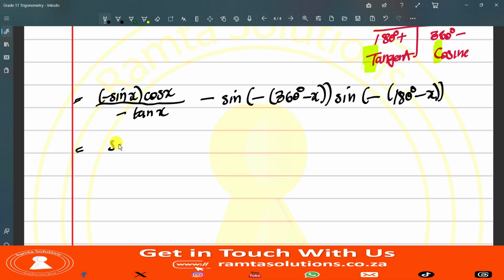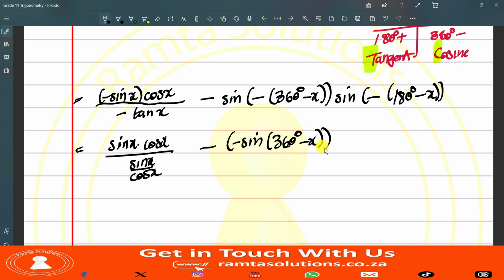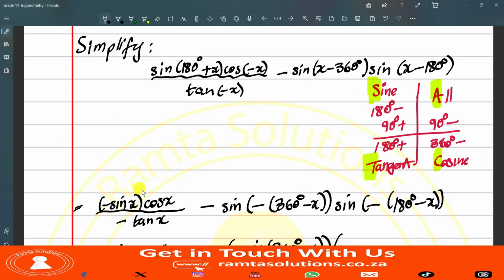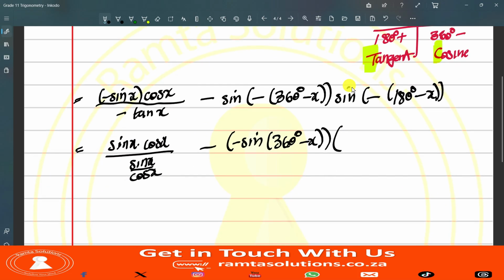So we have sine x times cos x all over sine x over cos x, minus negative sine(360 degrees minus x) times, once again, negative sine(180 degrees minus x).